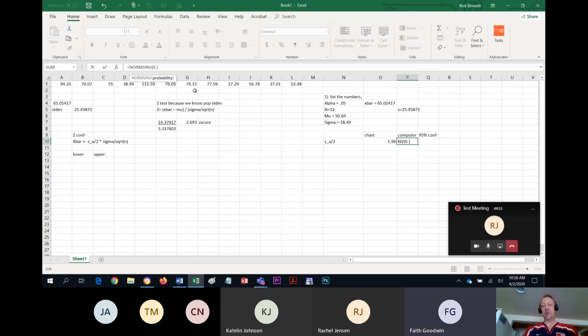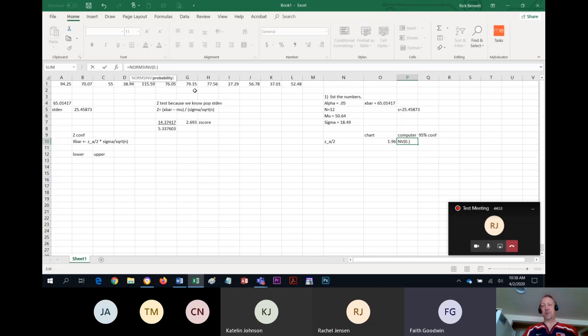Okay. So X bar is 65.01. And then plus, 1. On the lower, we usually go with the minus first. Oh, sorry, I thought we were doing upper.